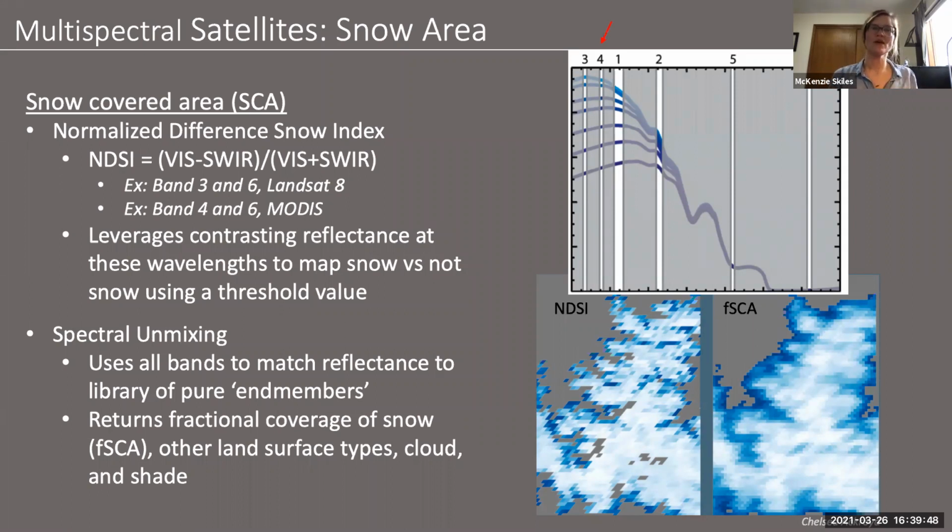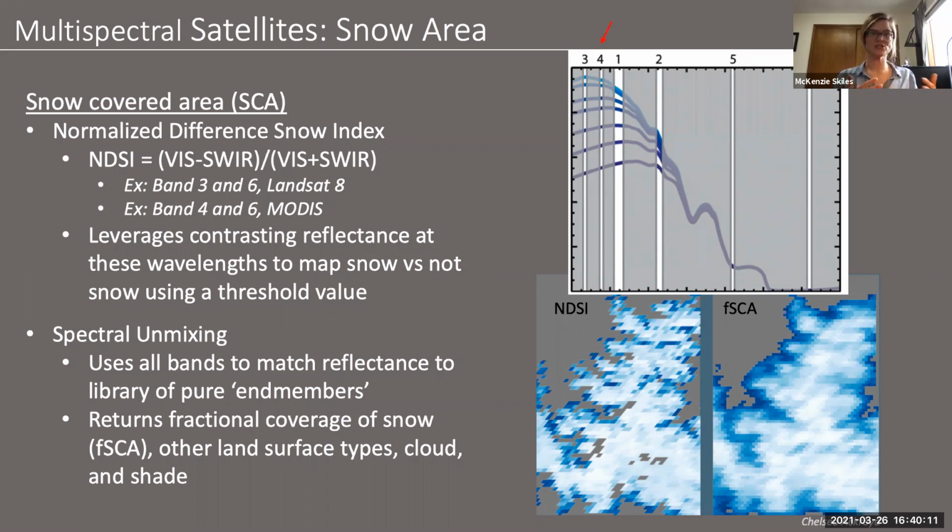And so a method was developed called spectral unmixing, not just for snow, but for lots of different land cover types, that basically takes the reflectance in a pixel and runs it through a lookup table made up of pure reflectances, such as a reflectance for vegetation or a reflectance for rock.